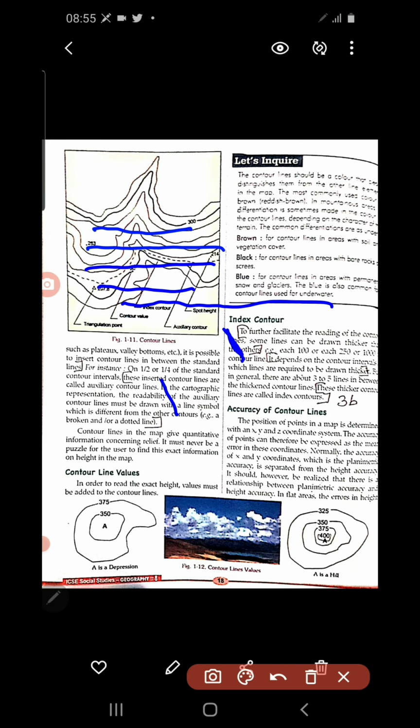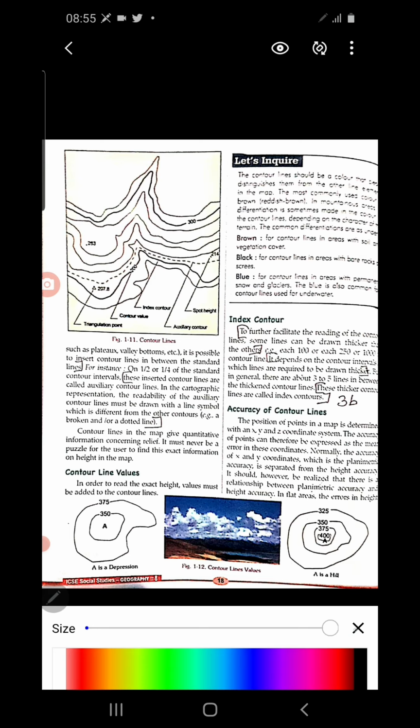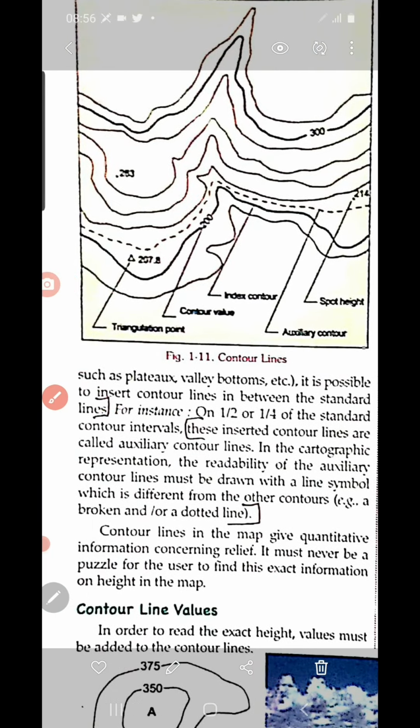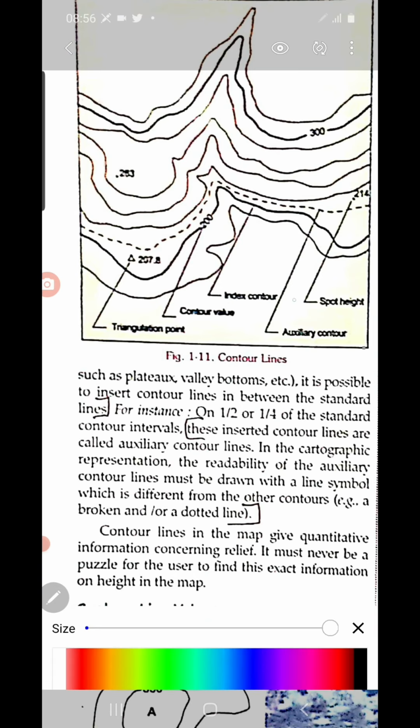If you observe the map clearly, you can understand what an auxiliary contour is. You see here, auxiliary contour, see where it is.